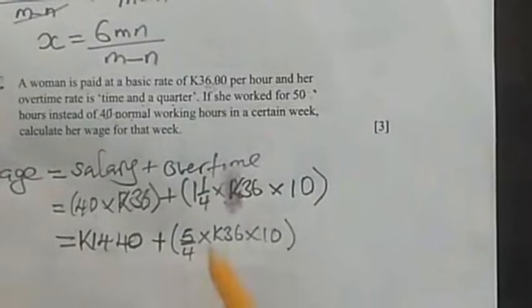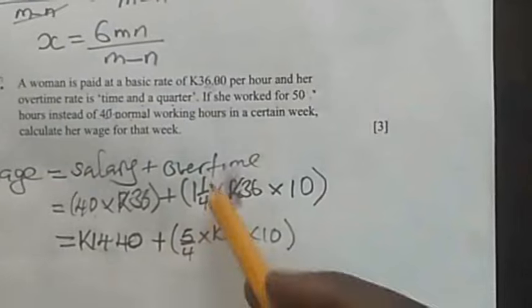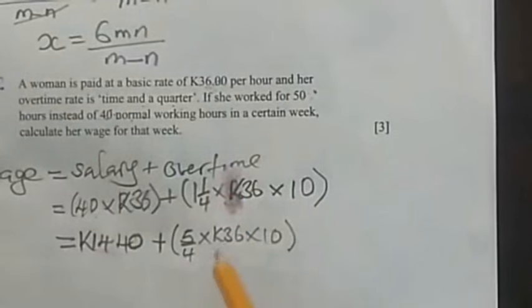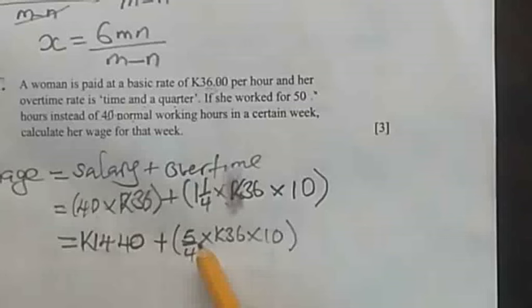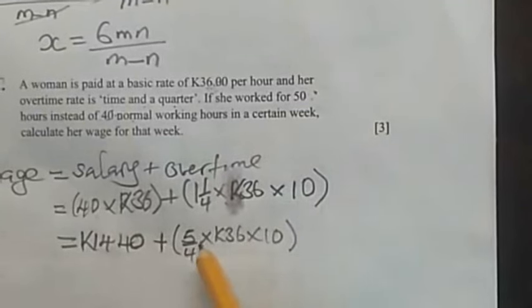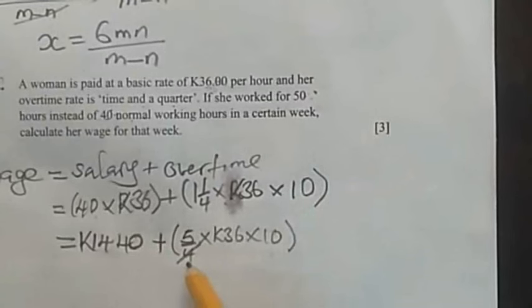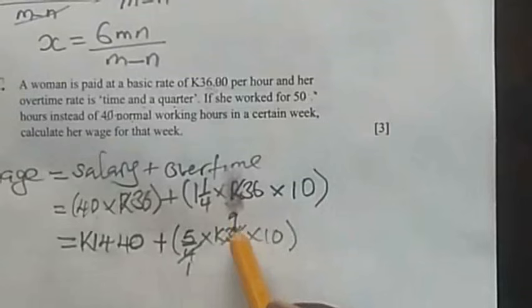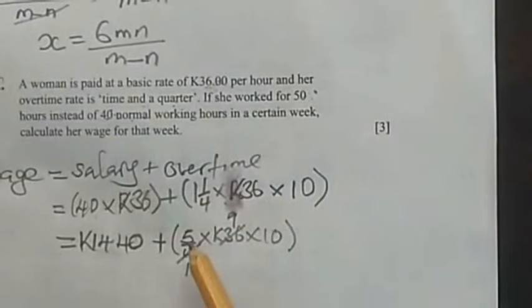Since we have changed this into an improper fraction, the value is the same. Then what number can go into 4 and 36? It's 4 itself. 4 into 4 is 1, and 4 into 36 is 9. Then we multiply.